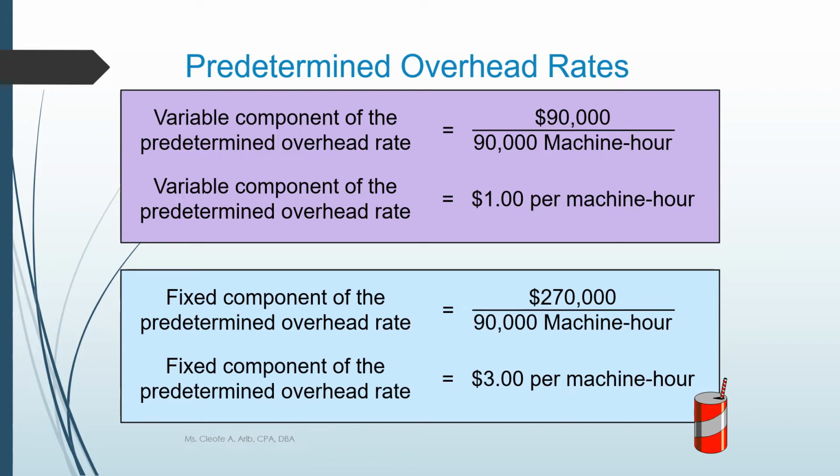From the given in the earlier slides. So, the breakdown of the $4 per machine hour is $1 for your variable component and $3 for your fixed component. What we need in this part of the lecture is the fixed component, because we are now talking about your fixed overhead variances.